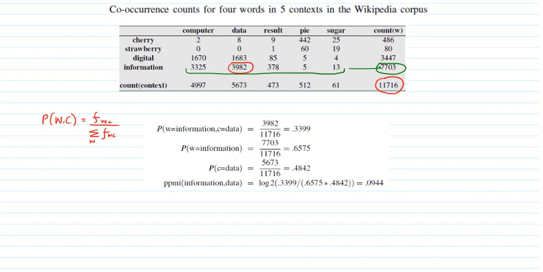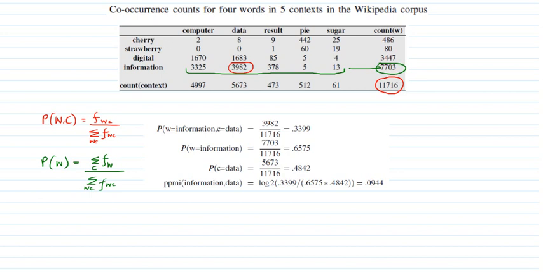So P of W is summation of F, summation on context of the word W, divided by summation of WC on F(W,C), right?